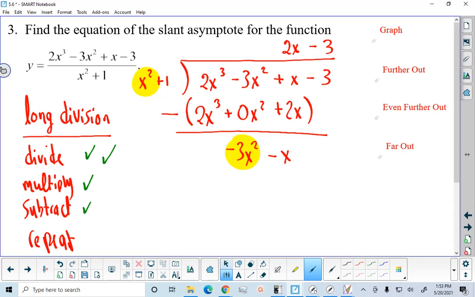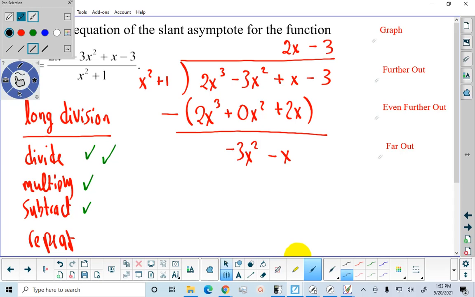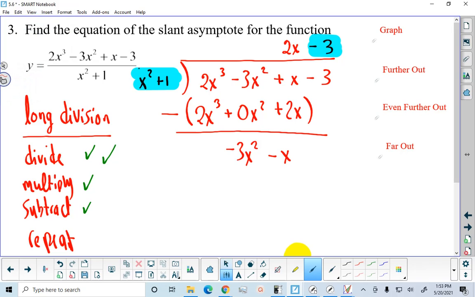Remember, when you divide, you only worry about the highest degree terms, but when you go to the next step, you multiply what you got by the entire thing you were dividing by. So that's negative 3 times x squared gives you negative 3x squared. Negative 3 times 1 is negative 3. You've got to put it in the right column. And now we have multiplied.